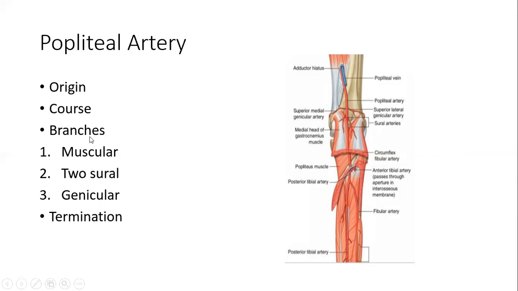The branches of the popliteal artery include muscular branches to the calf muscles, among which there are two large sural branches that supply the gastrocnemius.